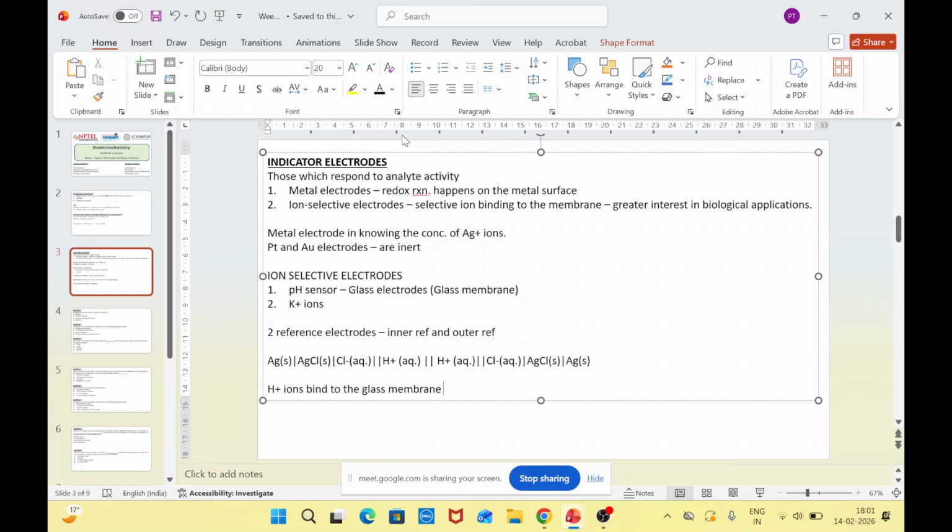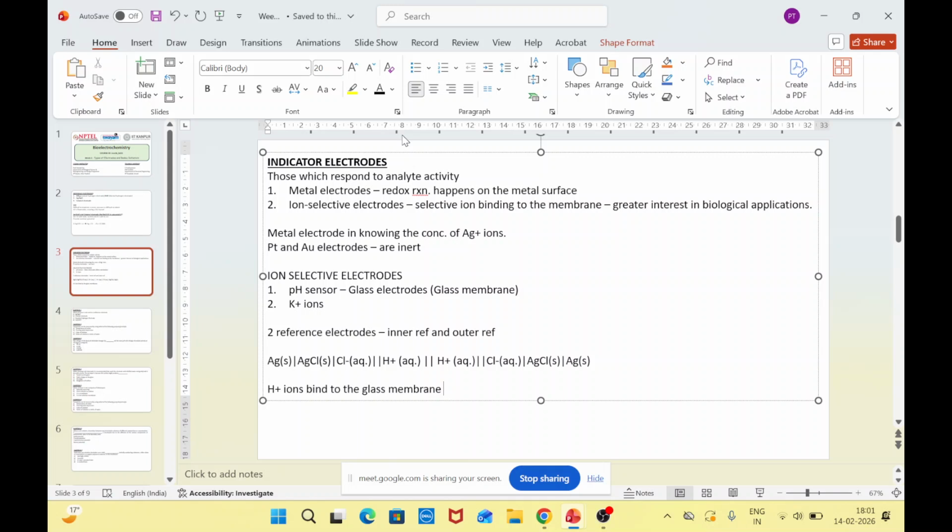For a standard solution, we know what potential difference is obtained; if there is any shift in the concentration of the H plus ions, a voltage difference is generated. By measuring the voltage difference, you can measure the concentration of the H plus ions, and from that calculate the pH. So this is the concept of a pH sensor.